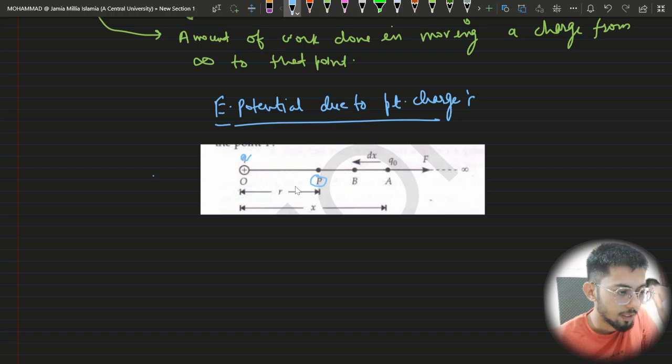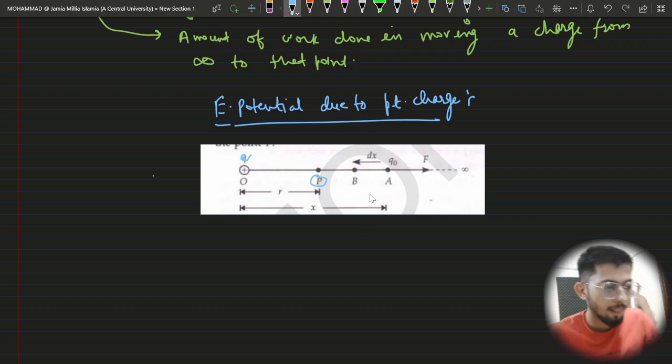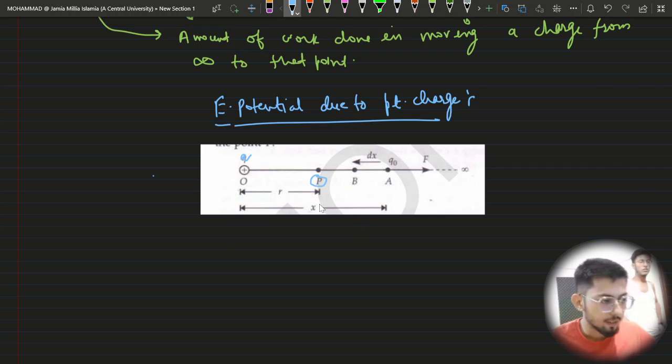Now for that, we have chosen 2 points, A and B. This point A is at a distance x from the charge Q, and there is this point B.